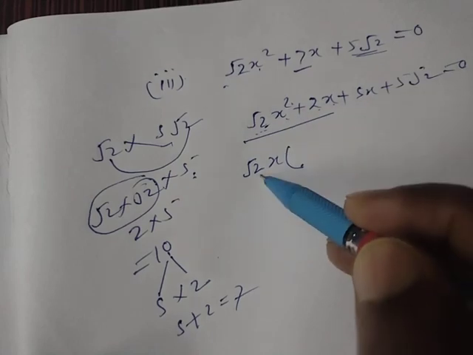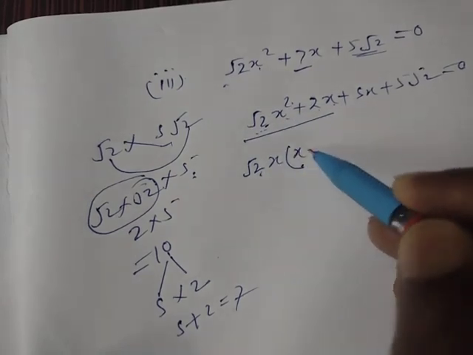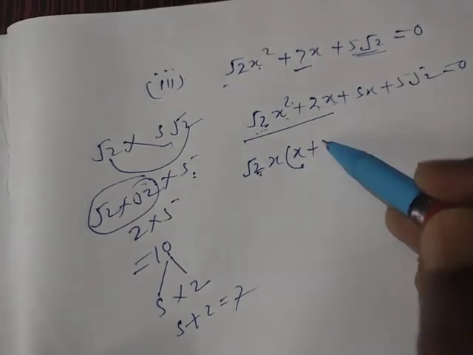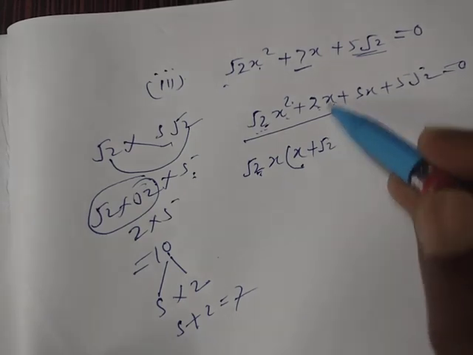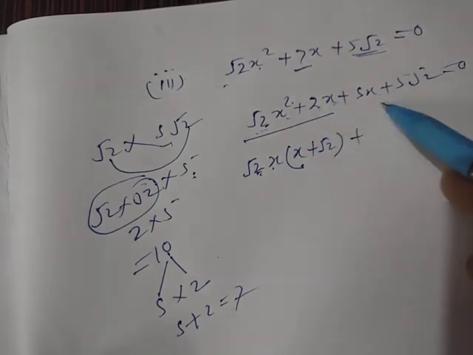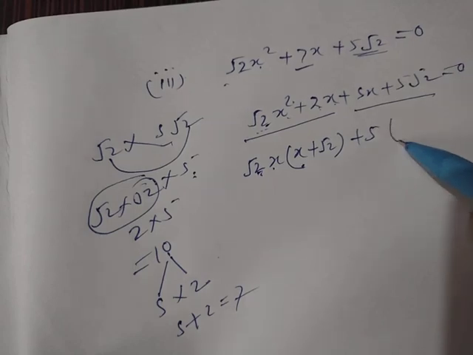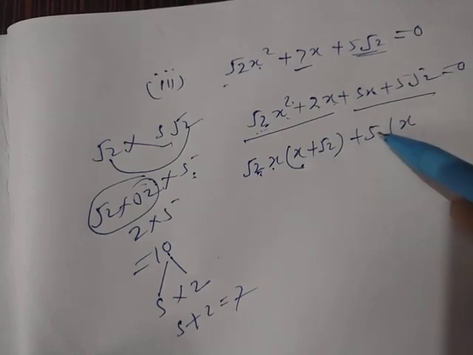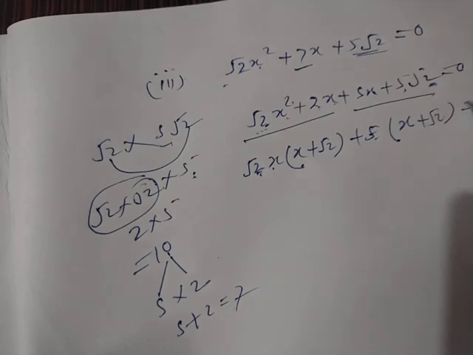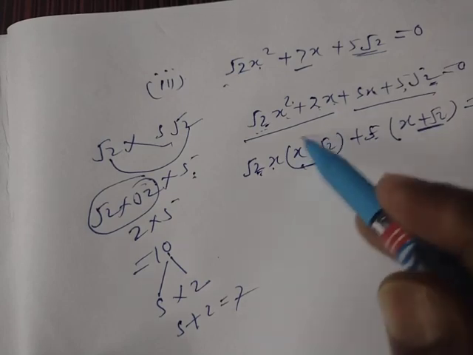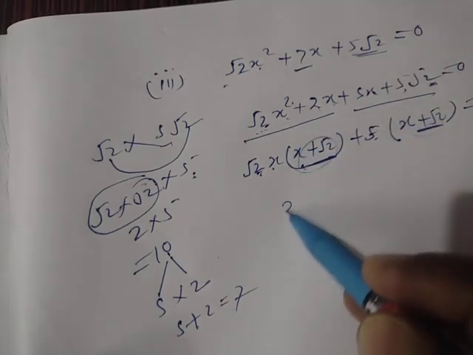Then root 2x square upon root 2x is x, and 2 divided by root 2 will be root 2. In 5x plus 5 root 2, 5 is common. Then x, and root 2 will be here. The same will be there in the bracket. So x plus root 2 will be common.